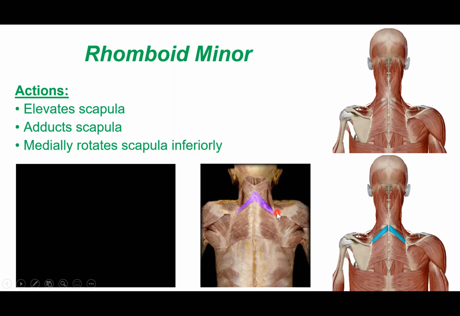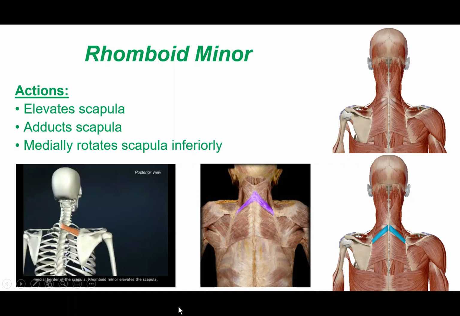This one is going to do the same things that the rhomboid major does. So it's going to elevate the scapula, so move it upwards towards the head. It's also going to adduct the scapula or move both scapulas toward the midline here, and also medially rotate the scapula inferiorly. So let's see that happening.